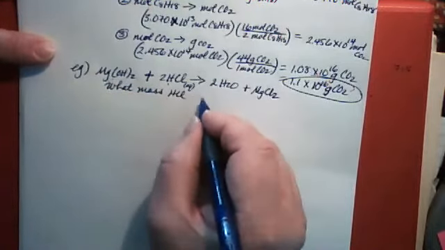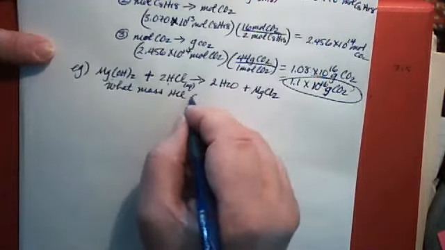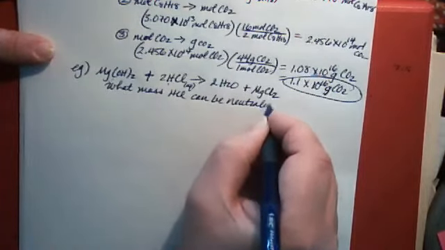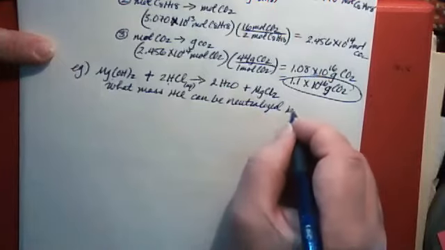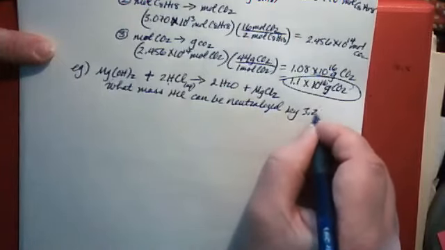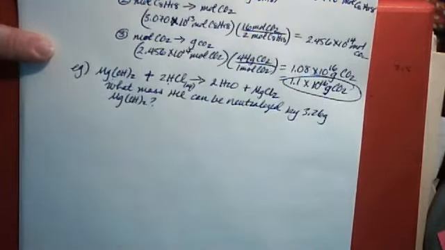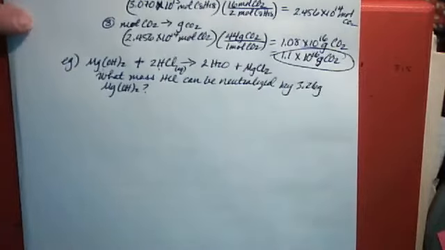So you might wonder what mass of hydrochloric acid can be neutralized by 3.26 grams of magnesium hydroxide. Well, it's basically the same question we just had, only with different reactants.